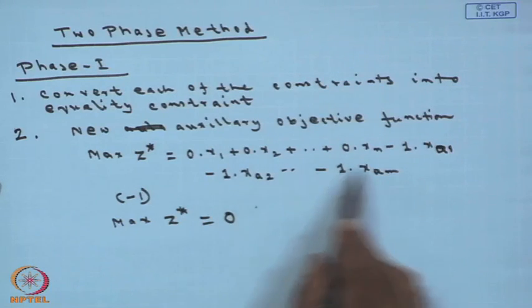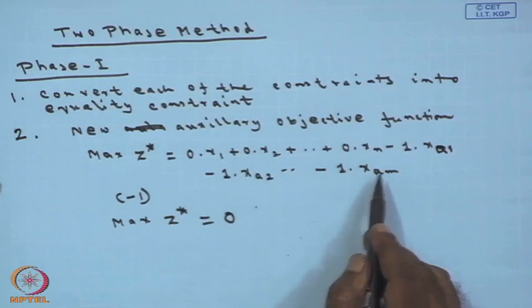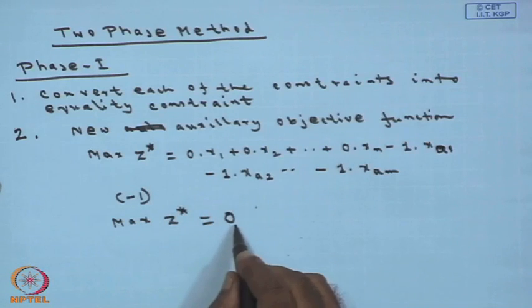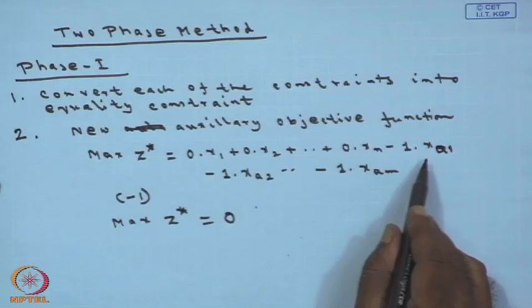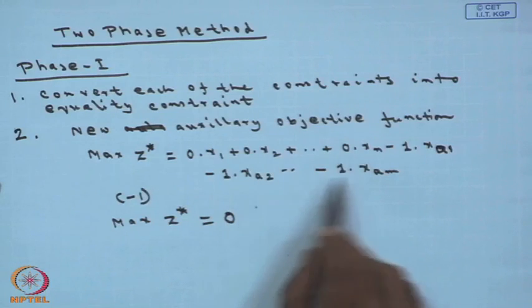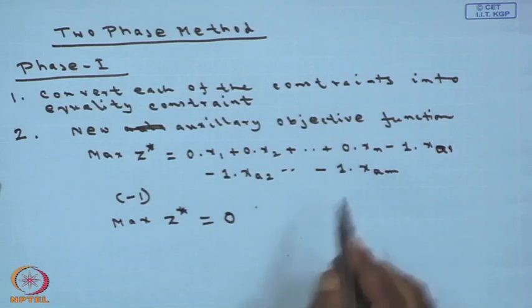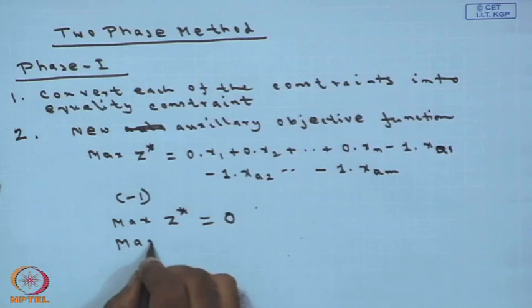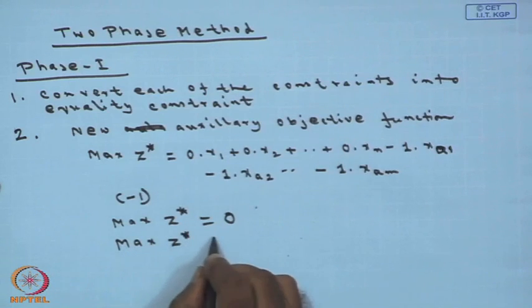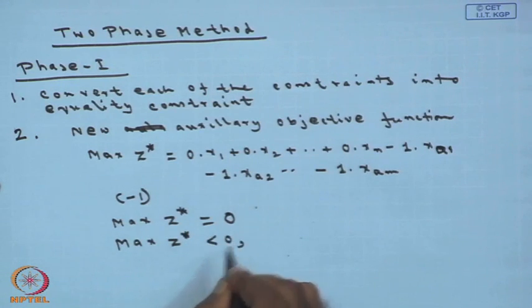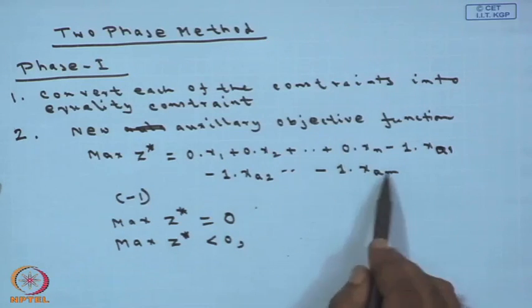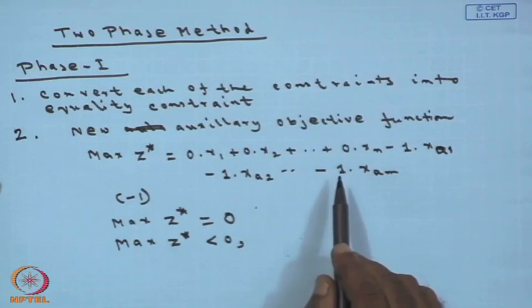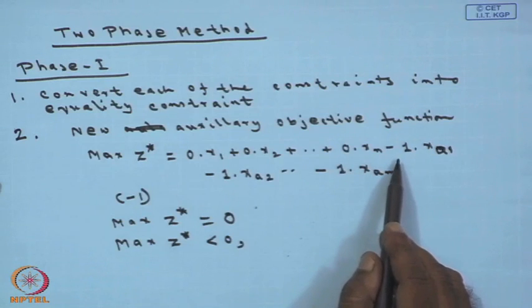That means all the artificial variables are 0, then only your maximize z star will be 0. So, maximize z star equals 0 means all the artificial variable values are 0 in the basis, whereas maximize z star less than 0 means at least one artificial variable is positive, at least one, there may be more than one.